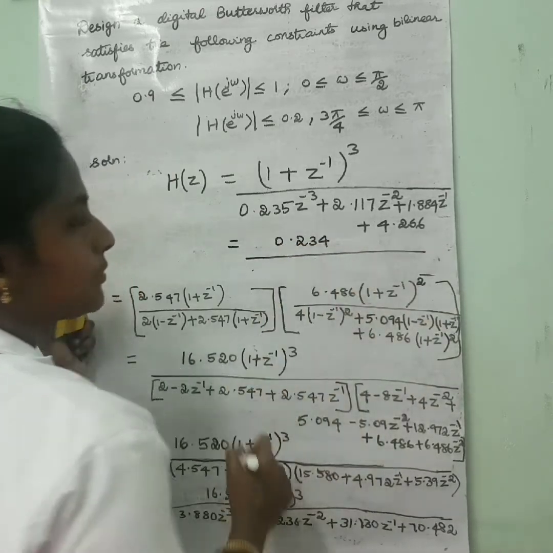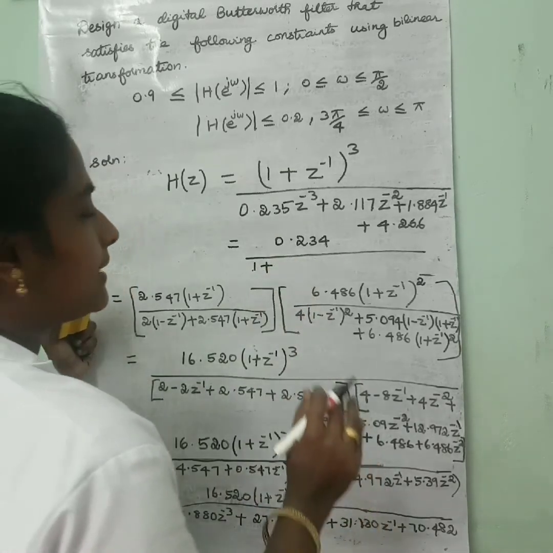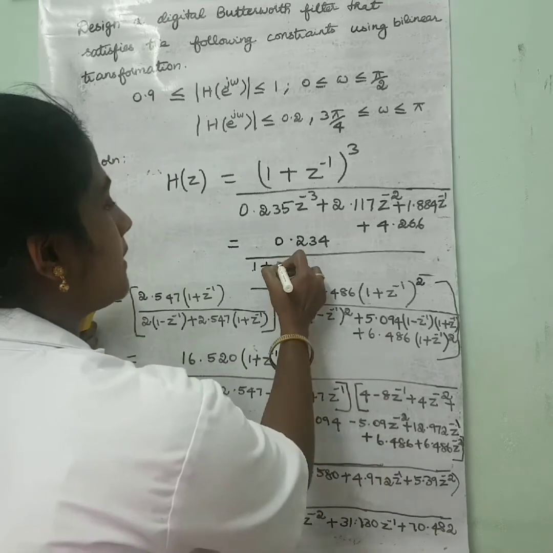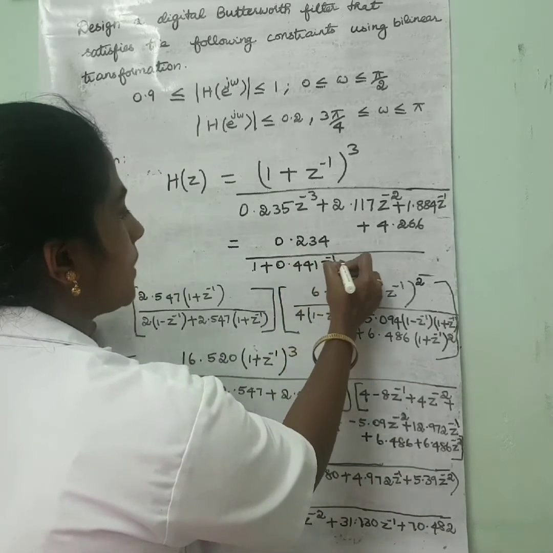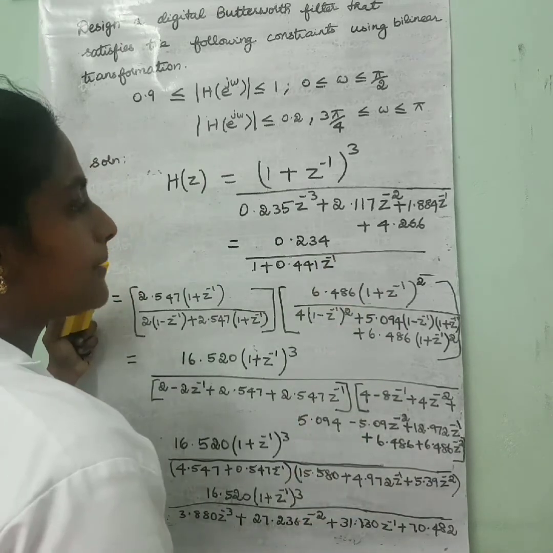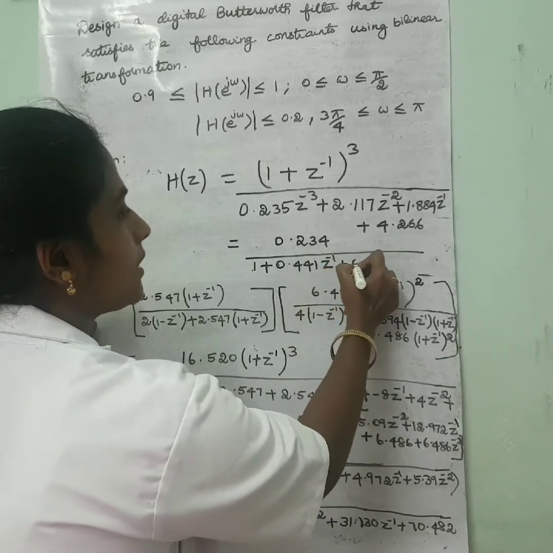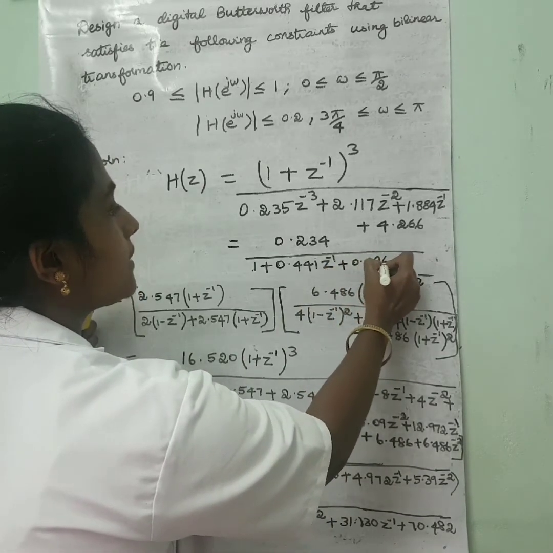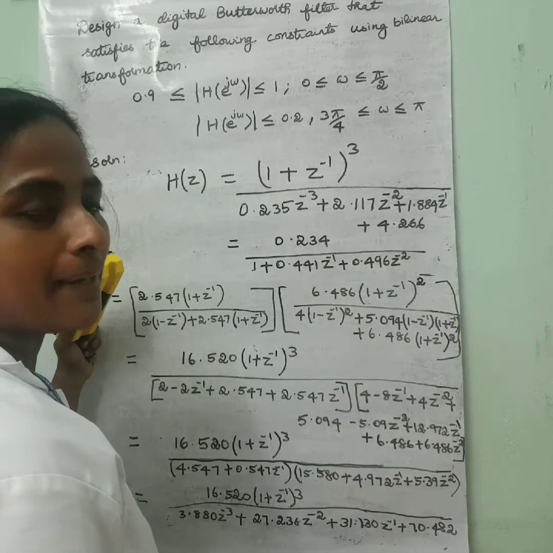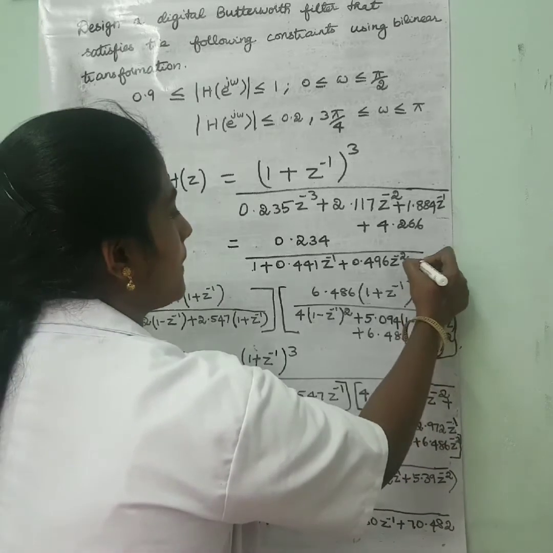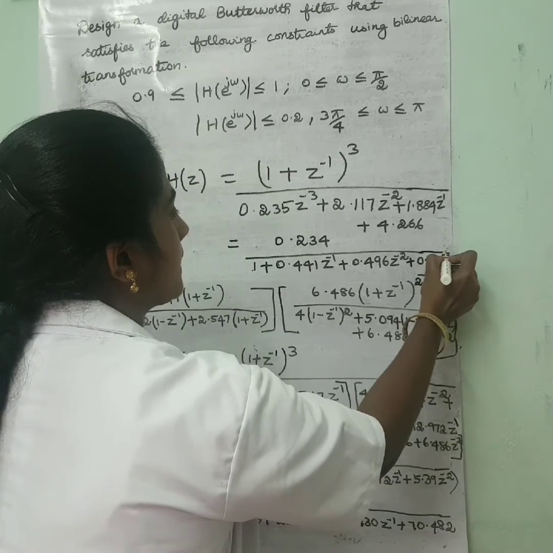Okay, 0.234, and the constant term is 1, and the z power minus 1 coefficient value is 0.441 into z power minus 1, and the z power minus 2 coefficient value is 0.496 into z power minus 2, and the z power minus 3 coefficient value is 0.05 into z power minus 3.